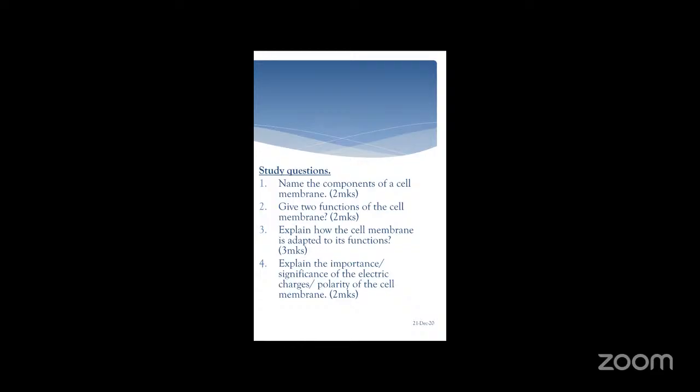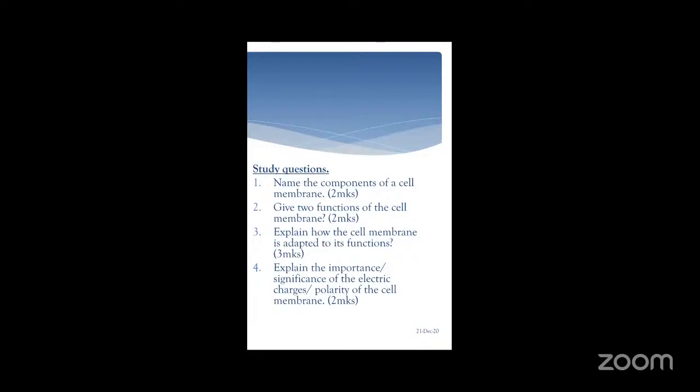Let me try and illustrate here so that you'll understand the point. Assuming that is cell membrane A and we have cell membrane B, and materials want to move from this side to that side, and others will move in B from that side to that side. Now, look at the distance from this point to this point.